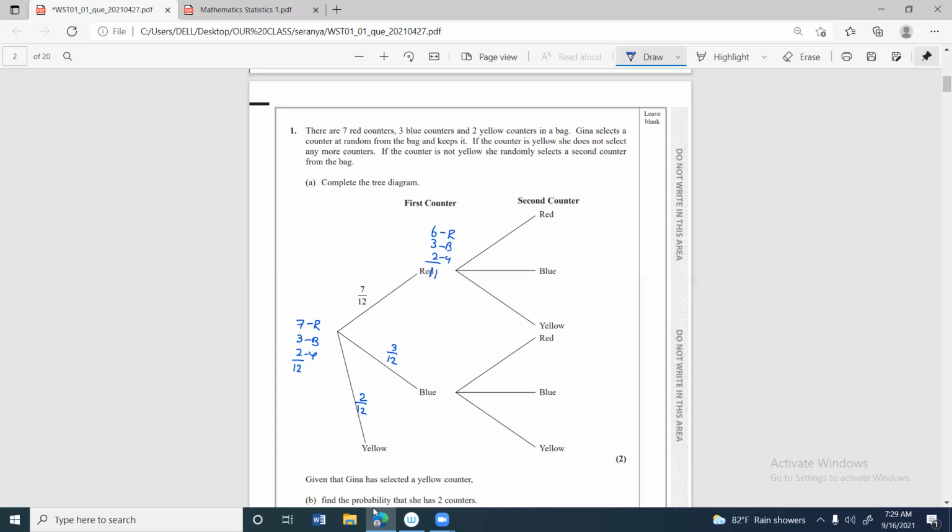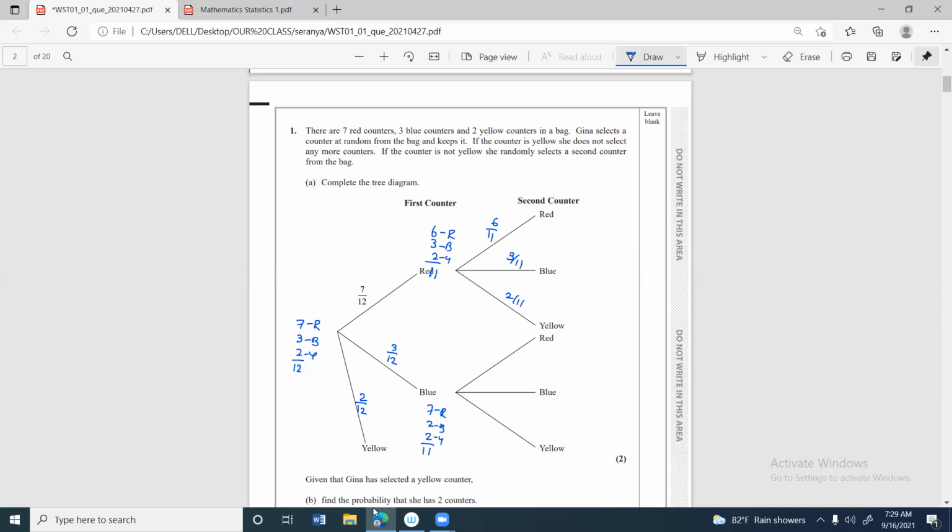So the probabilities should be 6/11, 3/11 and 2/11. Hope you can understand how I get this. Now, when the picked counter is a blue counter, 7 red counters remain, 2 blue counters remain and 2 yellow counters remain, altogether 11.